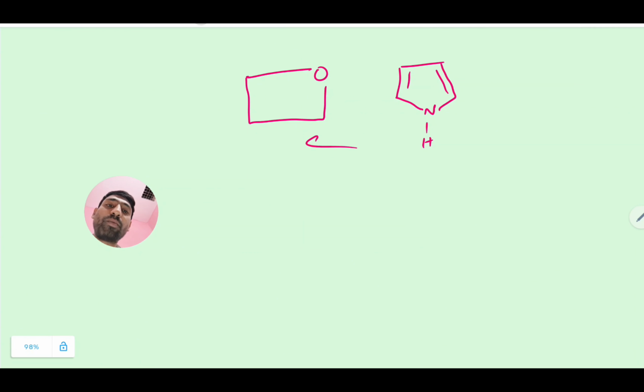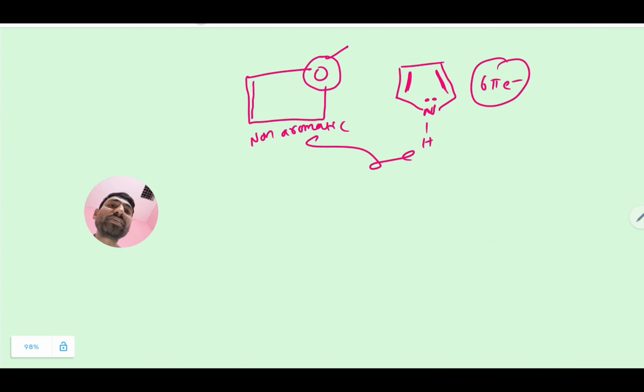For example, take these two compounds. In the first one, there is an oxygen in the ring, so it is a heterocyclic compound. It has no double bond or triple bond, so it is a saturated heterocyclic compound. If you add a double bond to that, this one is called an unsaturated heterocyclic compound, and it is also non-aromatic. In the second one, there is one double bond here, one double bond there, and a pair of electrons on the nitrogen atom, so it contains 6 pi electrons, meaning it obeys Huckel's rule.